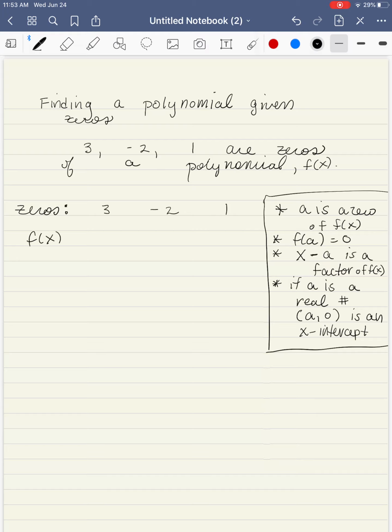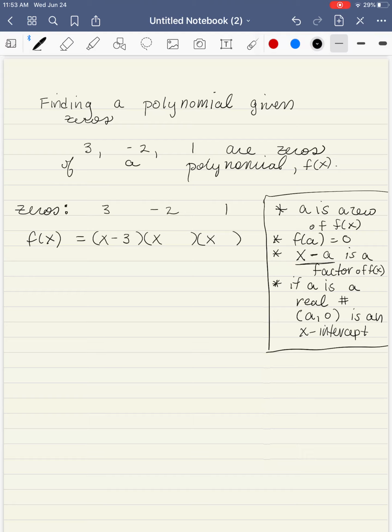Well, if I list my zeros, 3, -2, and 1, then I can find my factors by taking each one of those zeros and subtracting it from x. So I'm going to have an x in each of these factors, and then I use my zeros to figure out what the rest of the factor is.